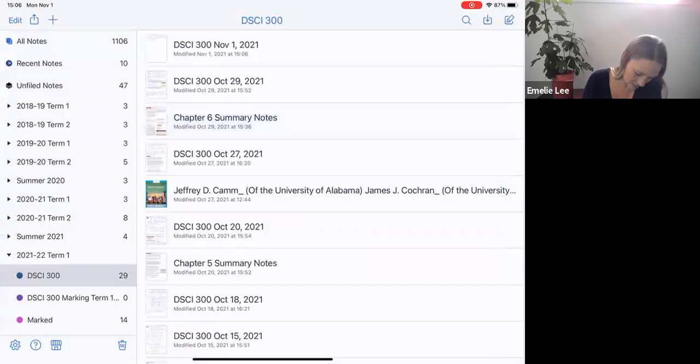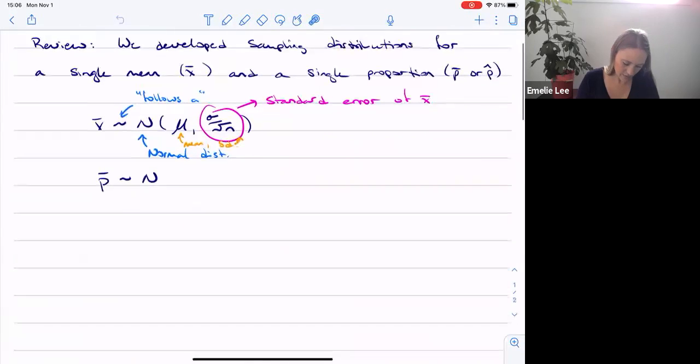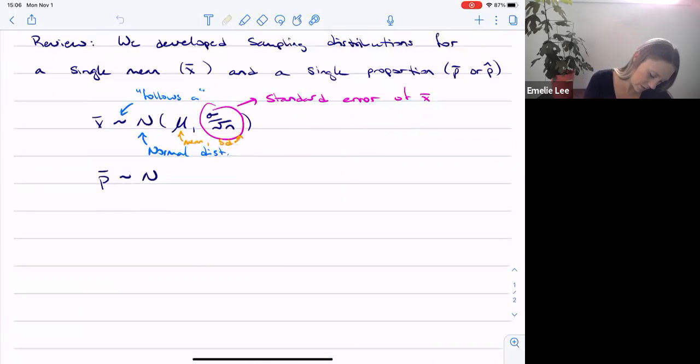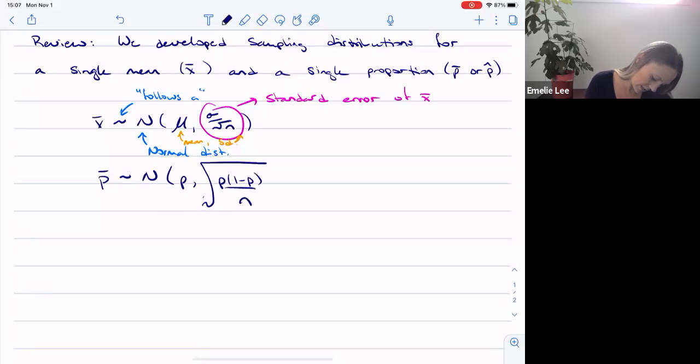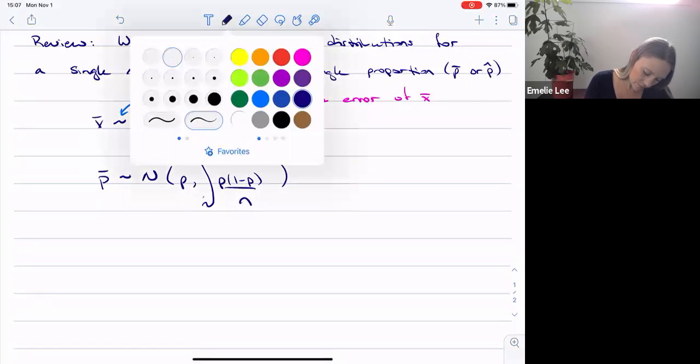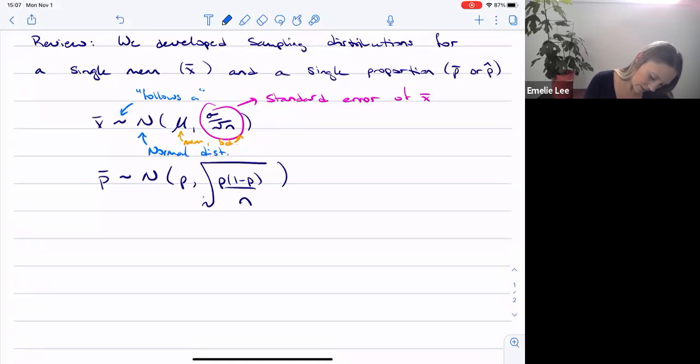It's normal with a mean of P, the population proportion, and a standard error of the square root of P times 1 minus P over n. This is true if n is greater than or equal to 30. So that's the condition.